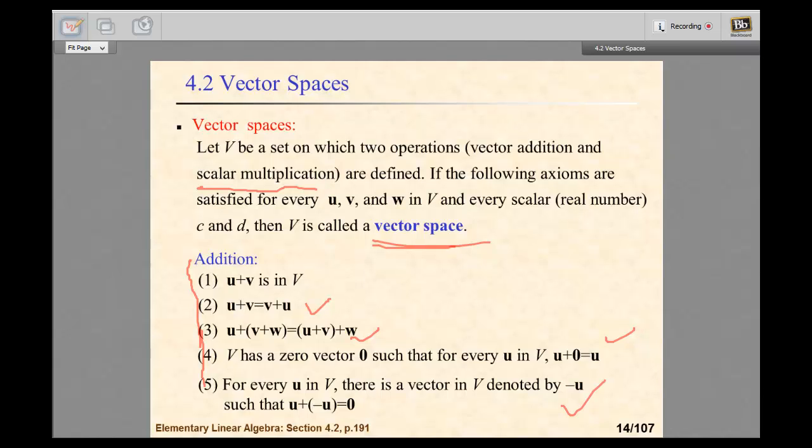More clearly you will study in the next week what a vector space is, but right now I'm giving you just a little idea of the vector space. So these are the 10 properties, or you can say 10 axioms. If a set follows the 10 axioms, then it is a vector space. If it does not follow these 10 axioms, then we say that it is not a vector space.